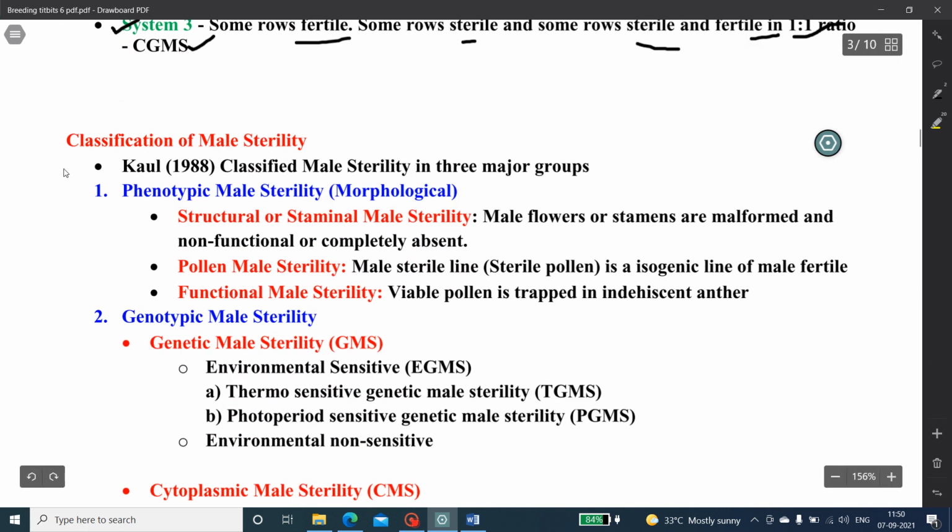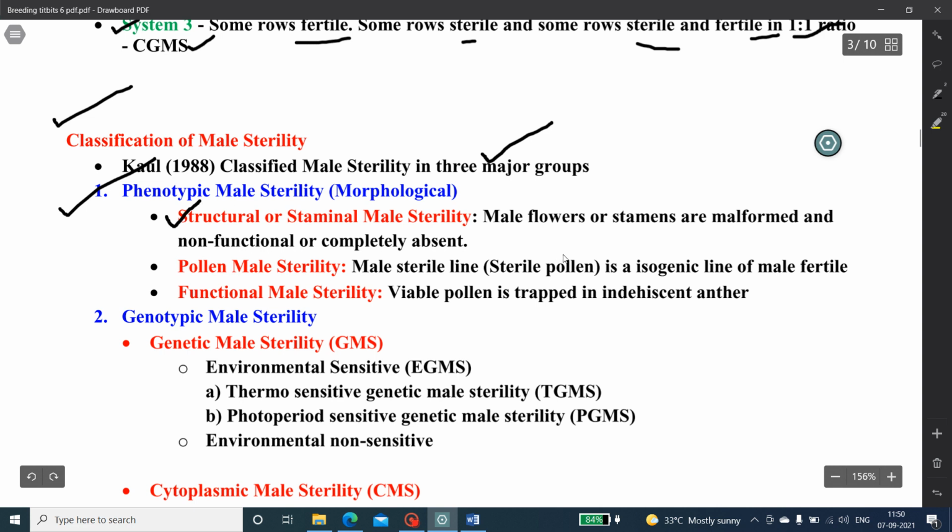And now coming to the classification of male sterility, Kaul 1988 classified male sterility into three major groups. The first one is phenotypic male sterility, that is morphological male sterility, and the structural and staminal male sterility.